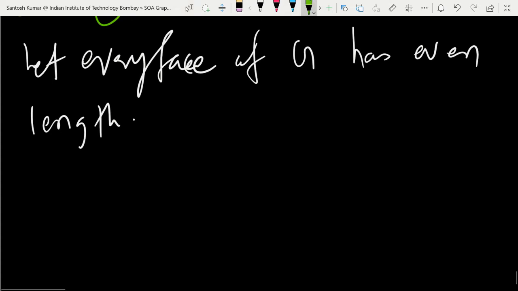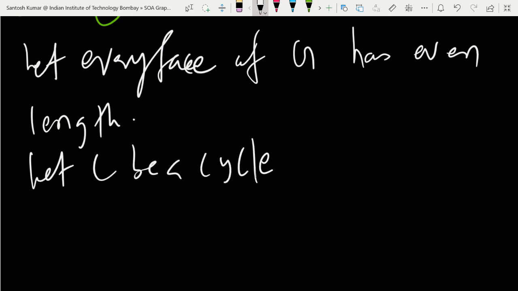So consider, let C be a cycle in graph G.